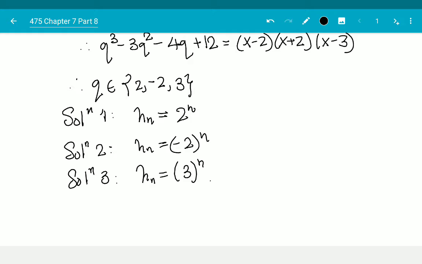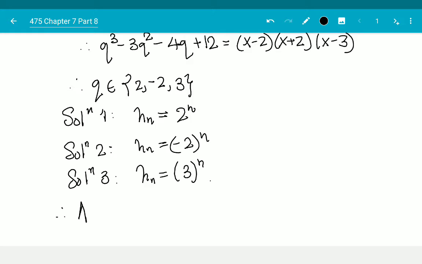Okay, great, but this does not completely solve my question, right? First of all, these are not the only solution. As we saw with Fibonacci sequence, any linear combination of these is a solution.